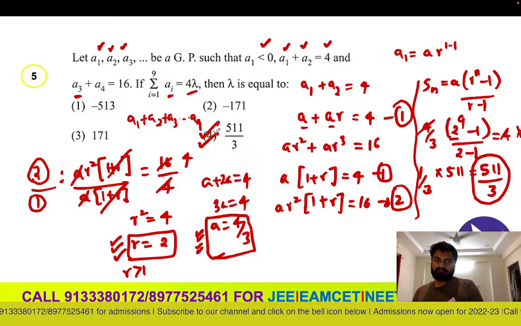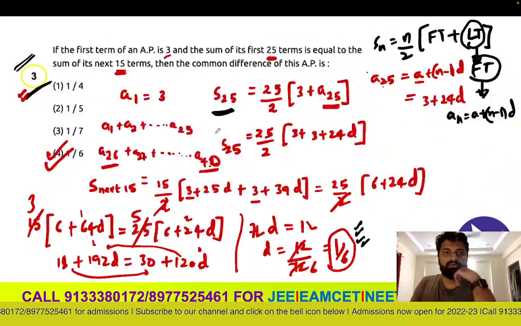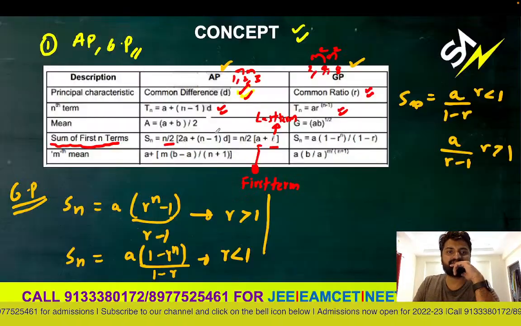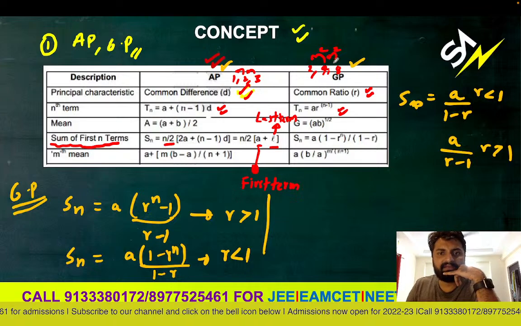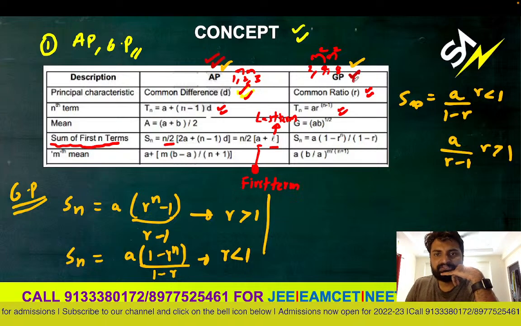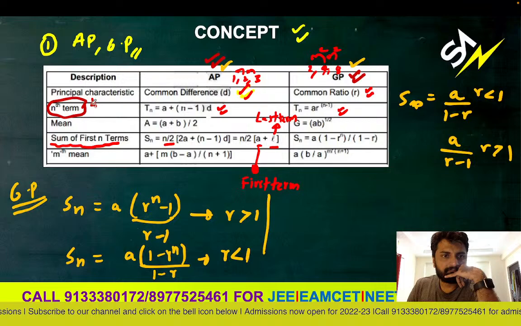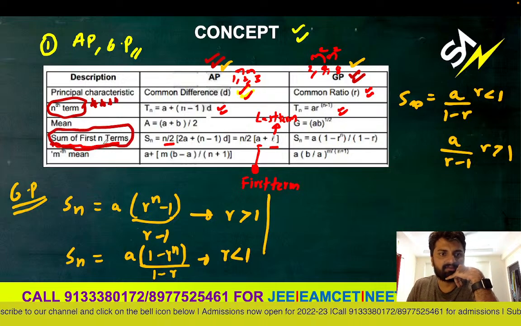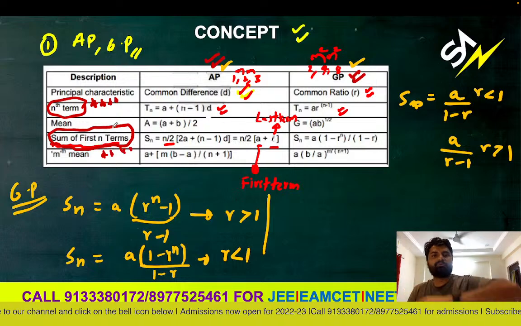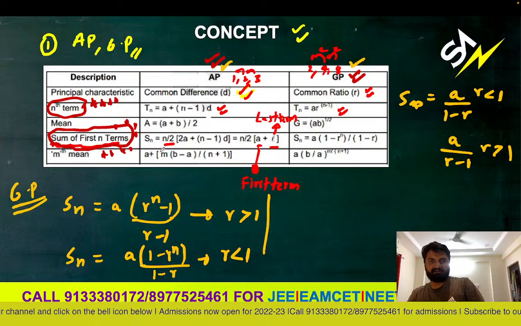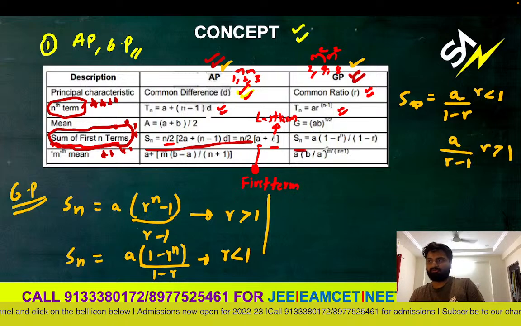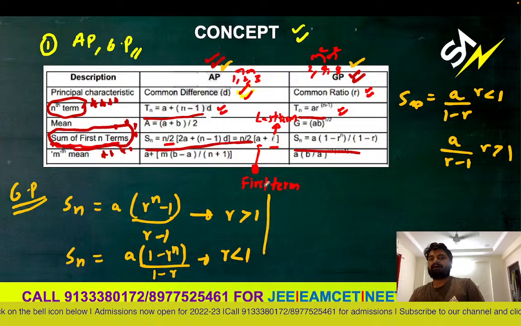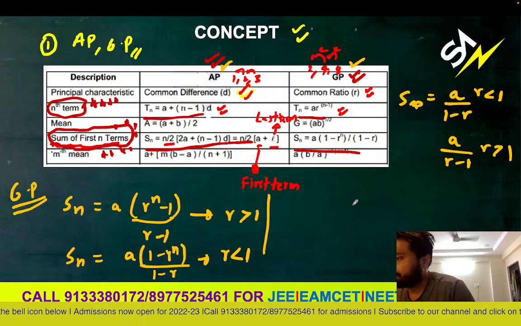Are you all clear, everybody? So all you need to know, even if you want to solve JEE level questions in this, are the AP and GP nth term formulas and the sum to first n terms formula. These two formulas are very important. If you just know these two formulas and write every term in terms of the first term, the answer will be easy.